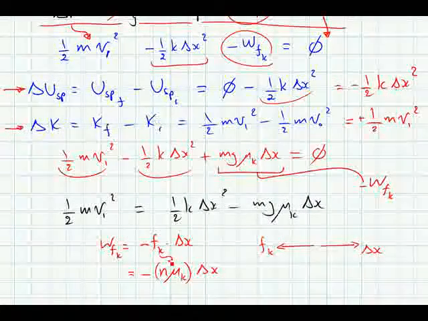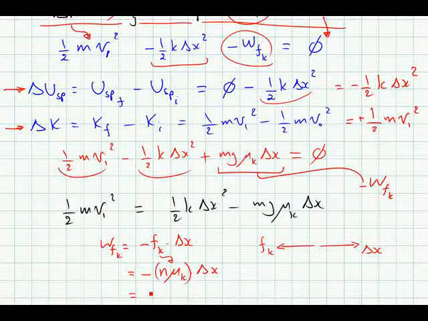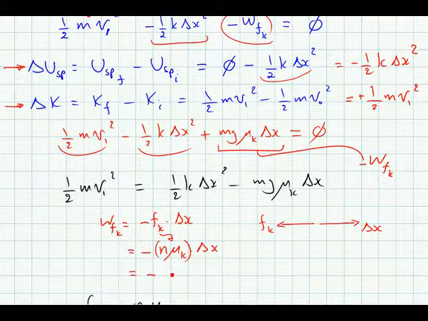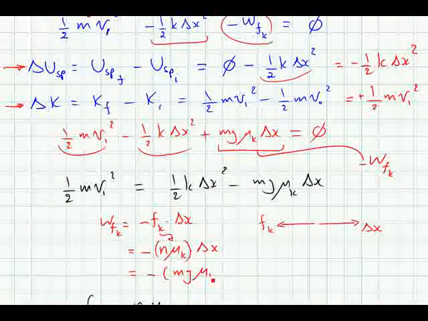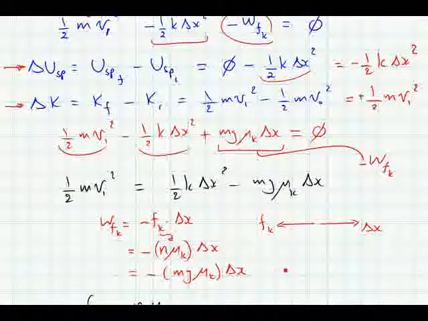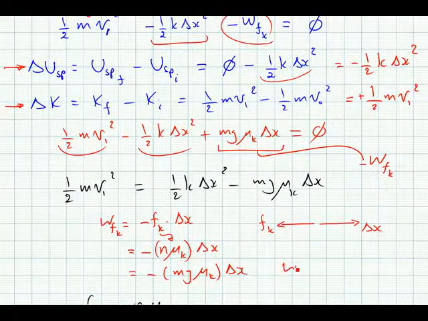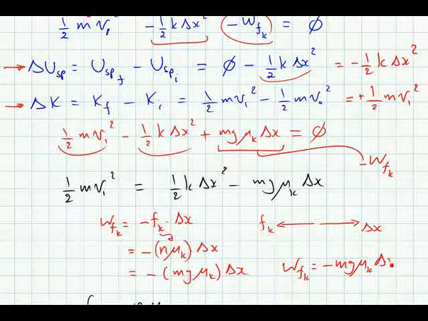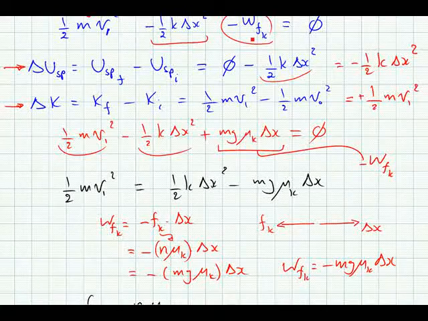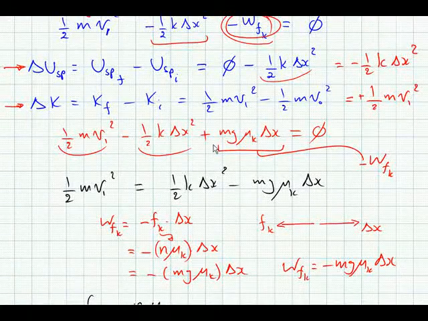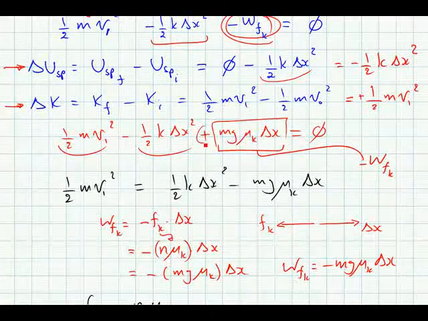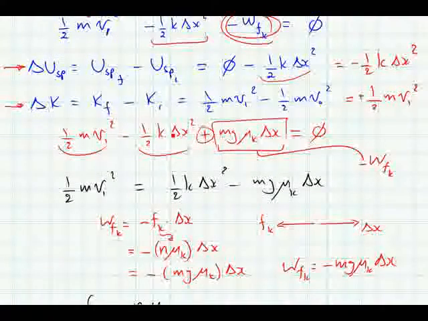This term here is simply friction force, and since we are on the horizontal surface, normal force is equal to mg, so mg mu k times delta x, which means that work done by friction force is equal to minus mg mu k delta x. But we had the negative of the work done by friction force, therefore we have to substitute in the negative, and the sign here becomes a positive essentially.